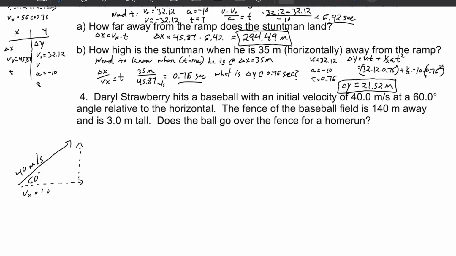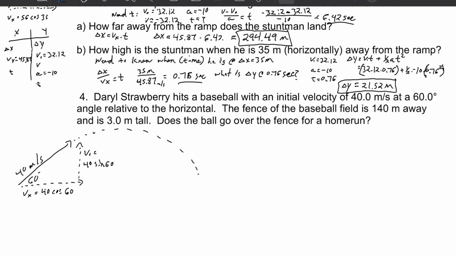Our Vx on the bottom would be 40 cosine 60, and our V naught, being the initial vertical velocity, would be 40 sine 60. Once we get those values through our calculator in degree mode, we can put that into our XY table and then forget that the angles ever existed.